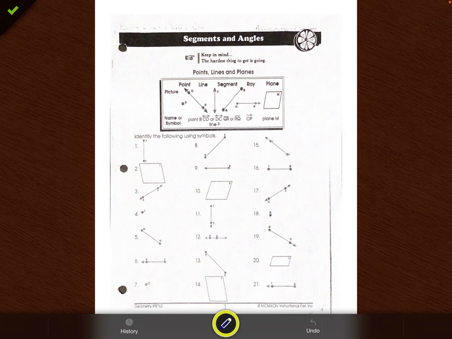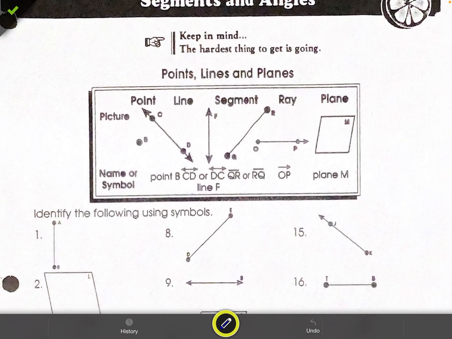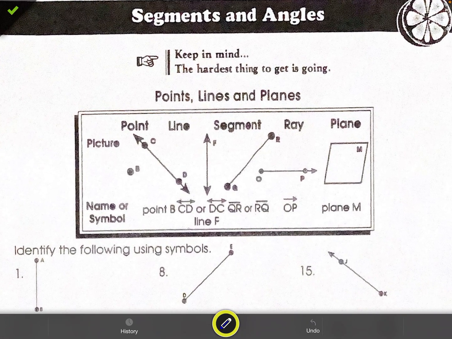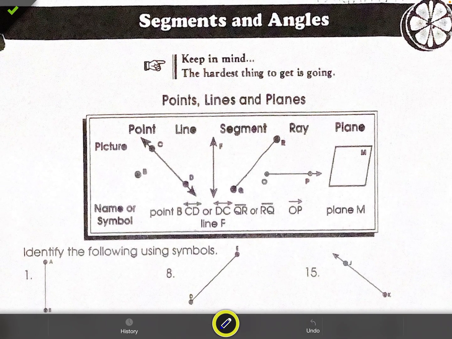Hey everyone, today we're going to talk some more about how to name certain things in geometry. So if we look up here, they kind of walk you through every type of thing that we're going to look at today. They don't line them up super well, so I'm going to break them apart. They give you a picture and then the name of it.